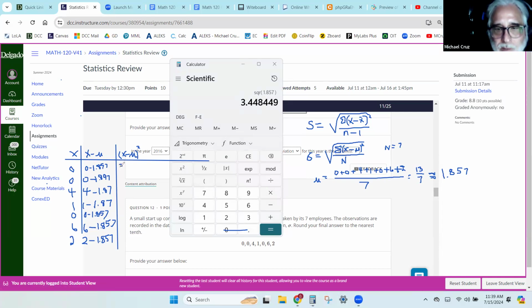When you have decimals, it's more of a pain because you have to go a few places past what you're going to round off. This is going to be the same for these. Then we square that.